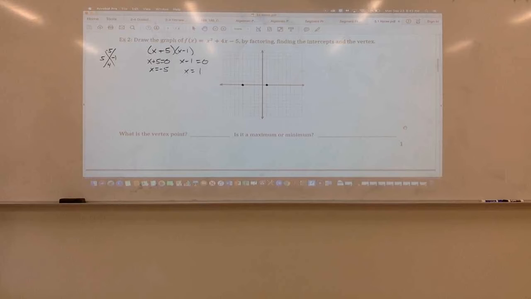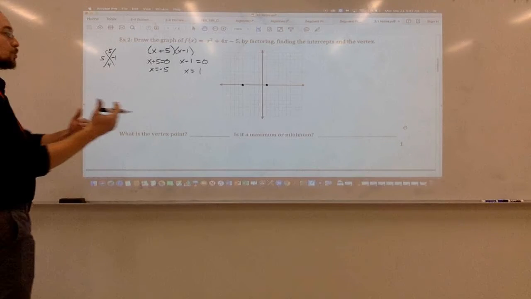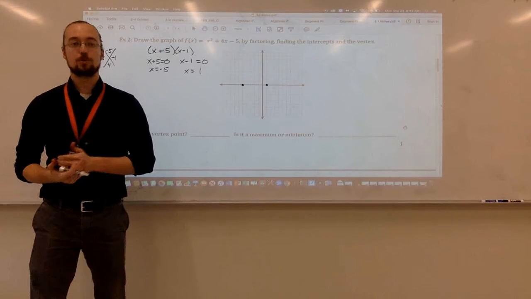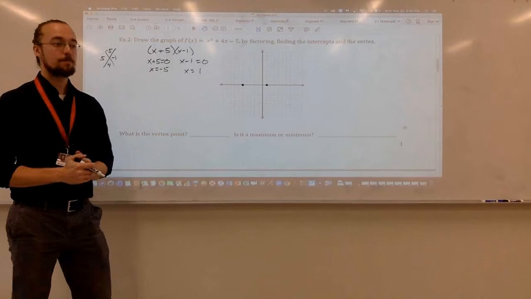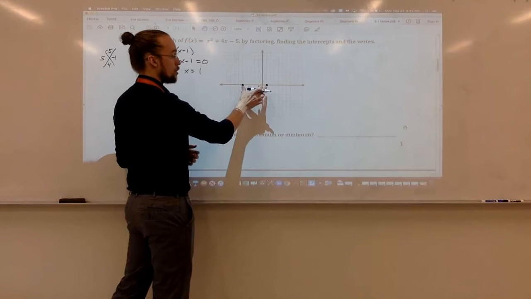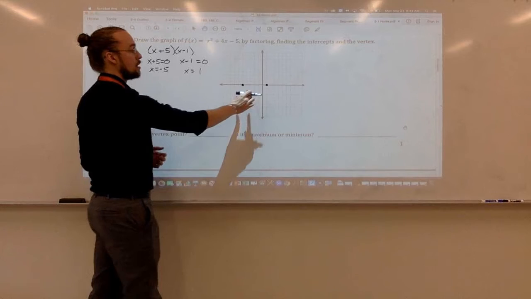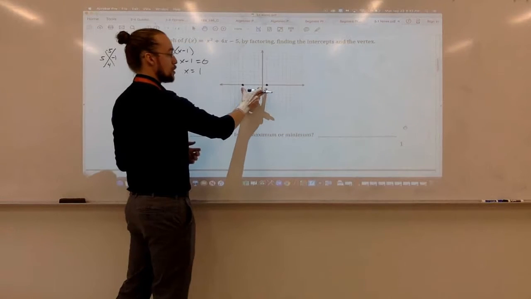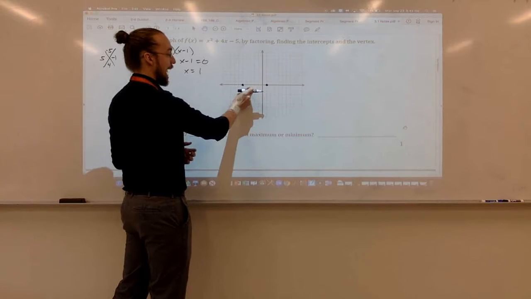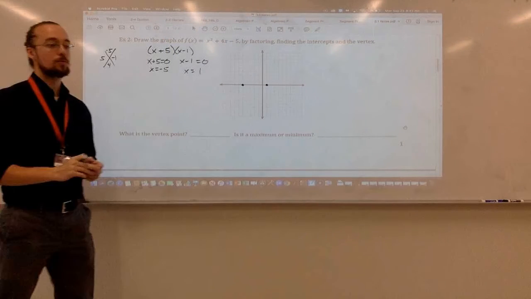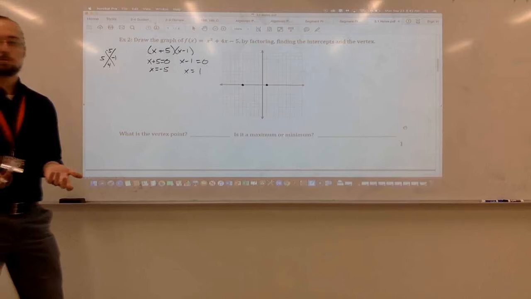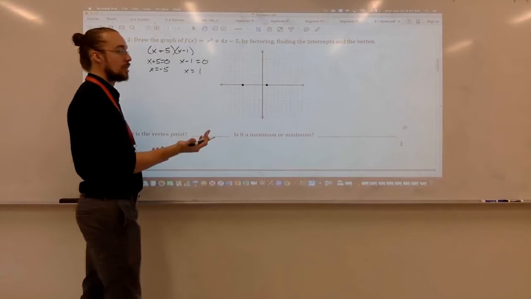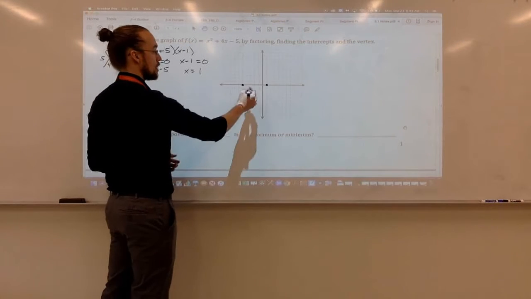The x-coordinate of the vertex is going to be exactly halfway in between the two zeros. So if my zeros are -5 and +1, the midpoint, we just take the average of those two numbers. So the average of -5 and +1 would be -2. -5 plus 1 is -4, divided by 2 is -2.